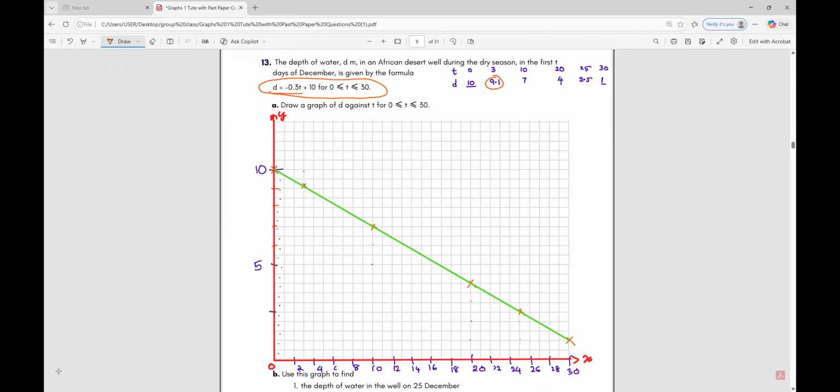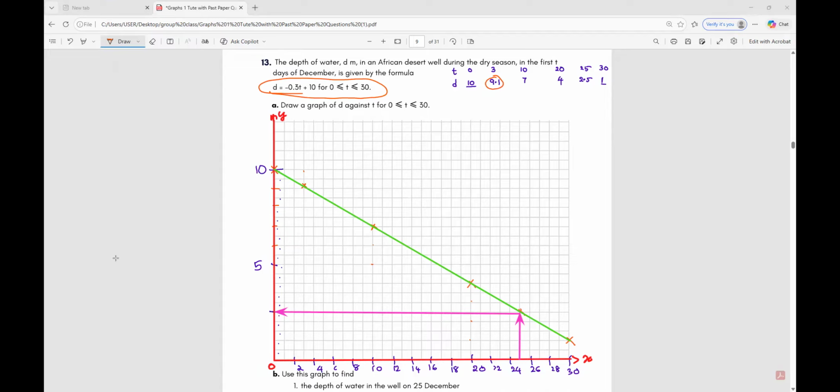Now draw a line from there. We found it on the table also, but since they are asking to find it using the graph, show these arrows. If not, they will think we have taken it from the table. It is 2.5 meters. Answer is 2.5.